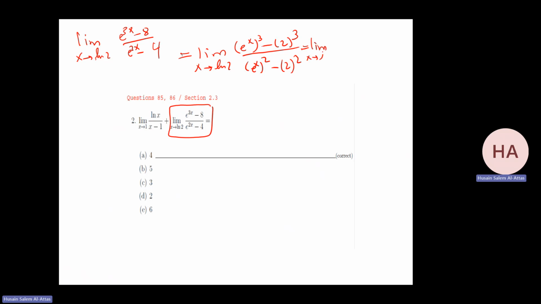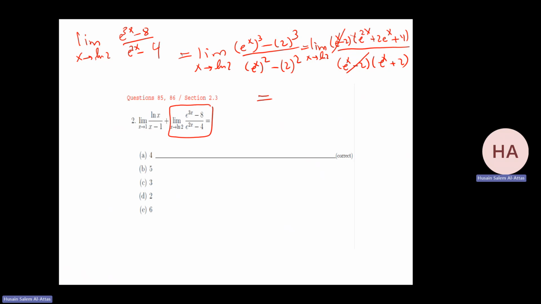As x goes to ln 2, that will be e^x minus 2 times e^(2x) plus 2e^x plus 4, over the difference of 2 squares. So cancel this. Now I can substitute, since I have nothing to worry about. I killed the one which is making 0 over 0.